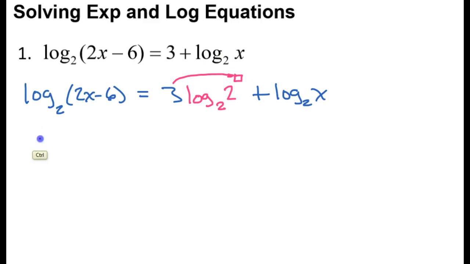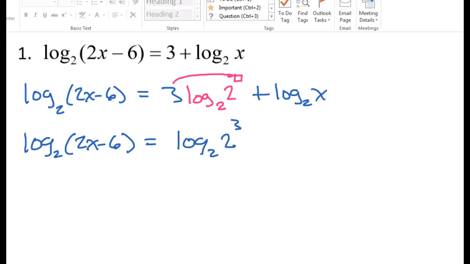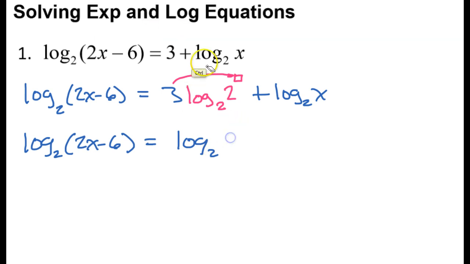Okay, so this problem will become log base 2 of 2x minus 6 is equal to log base 2 of 2 to the 3rd power. Now 2 to the 3rd power is 8, so let's go ahead and just make it an 8, plus log base 2 of x.